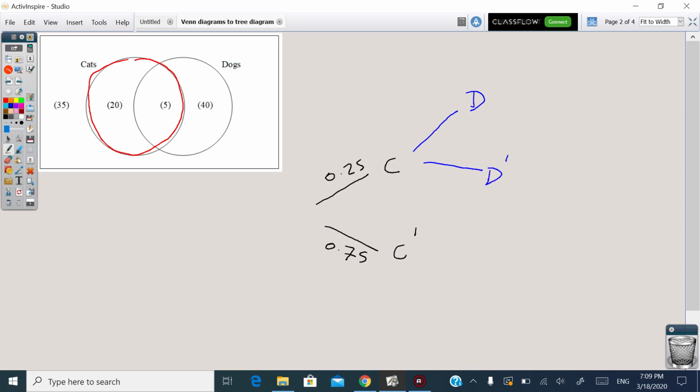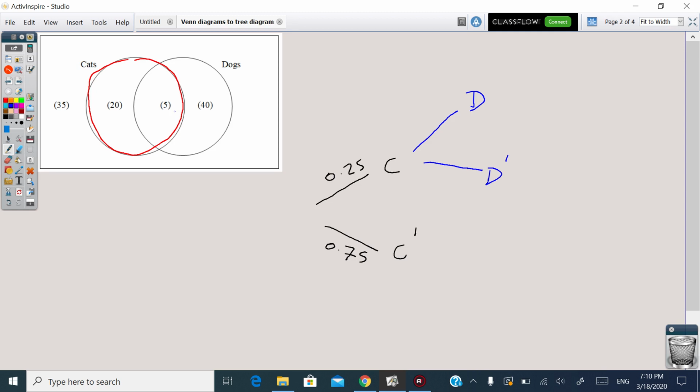So what's the probability that we put on this branch? Because the possibility space has been reduced, this is a conditional probability. For this set inside the red, what's the probability of somebody owning a dog? It's obviously 5, because this is the favorable outcome, divided by all the possible outcomes, which is 25.